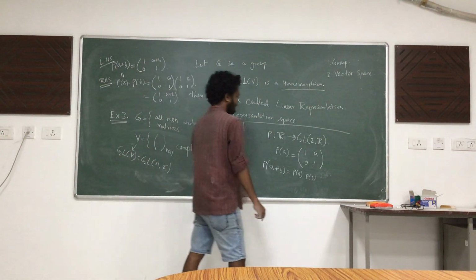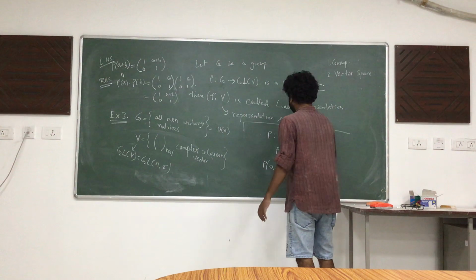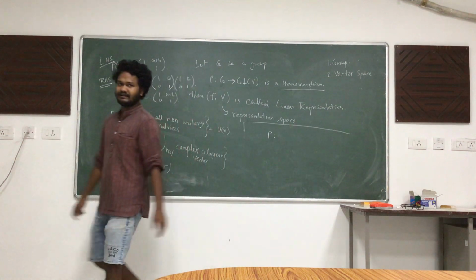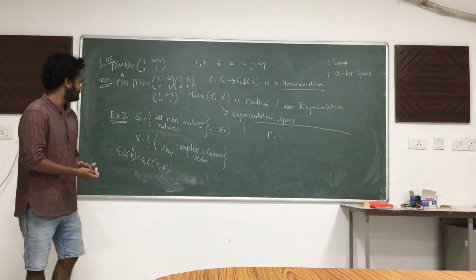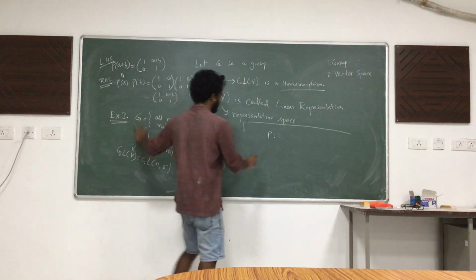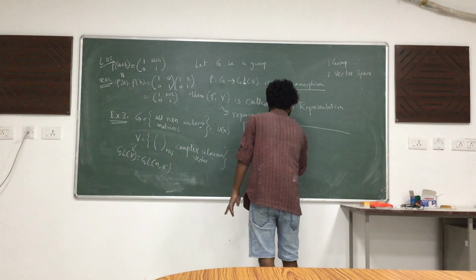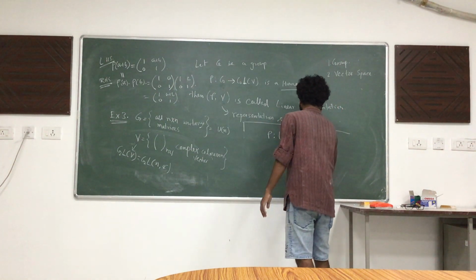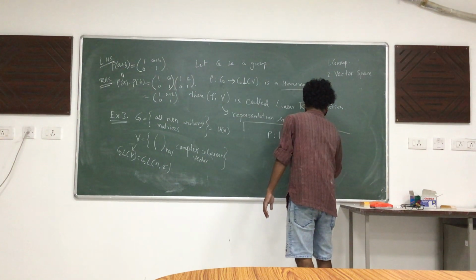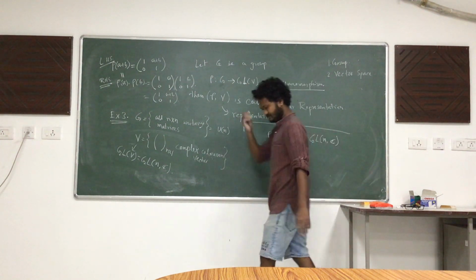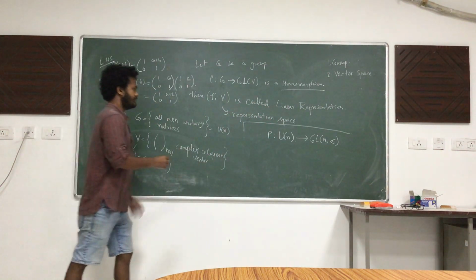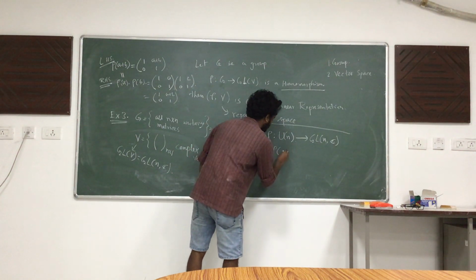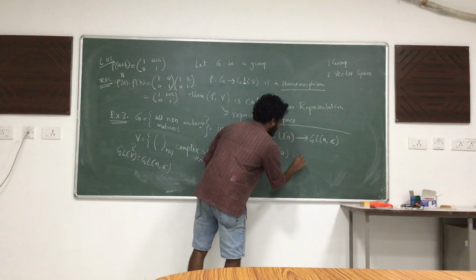Now in this particular case, what representation can you think of? We have to give a map from U(n) to GL, that means we want to send one element U from here under this map.